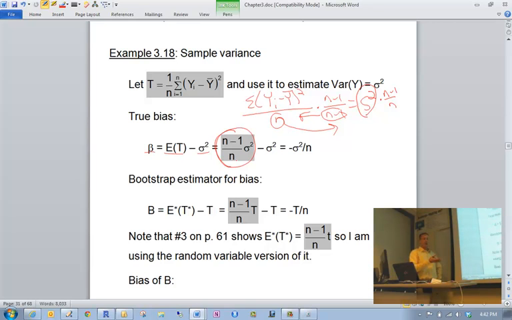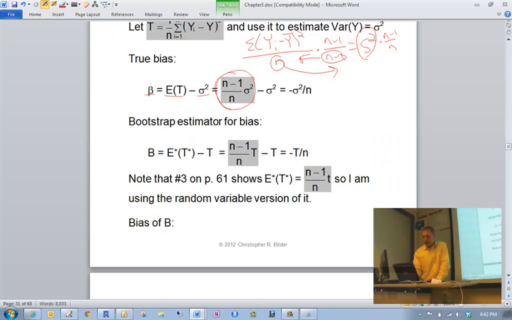Well, what does the Bootstrap do then to estimate the bias? Well, it tries to estimate beta with b. So we take the expected value star of T star minus T. Now I'm going to pull out a result that actually is given in the book. This is number 3 on page 61. Sometimes I give this as an actual homework problem. I don't think I did this time. Did I get this? Sorry, I don't remember now off the top of my head. For project or homework.